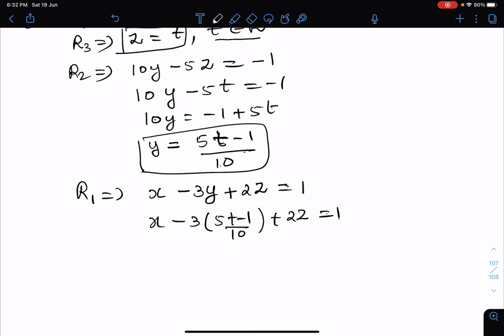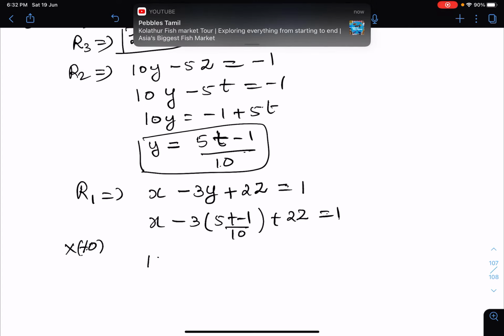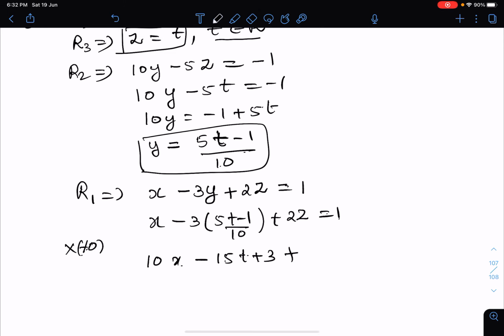Now multiply throughout by 10 to make this 10 cancel. Okay, multiplying throughout you will get 10x minus 15t plus 3, this minus into minus plus, 20z equal to 10. Okay, so you are multiplying throughout the equation by 10.